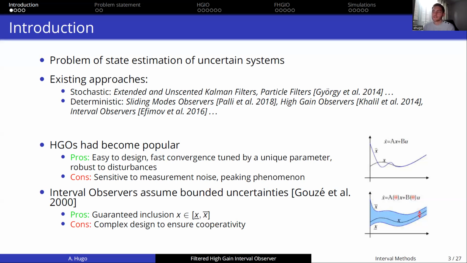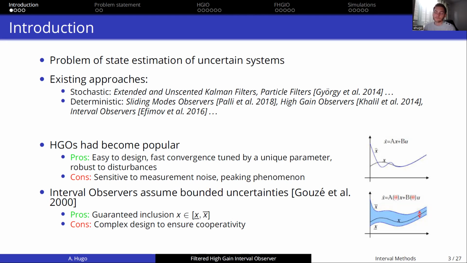The main advantage of interval observers is that the inclusion is guaranteed. By inclusion, I mean that the state of the system will always be included in the estimated bounds of the observer, represented here by x underline and x overline.